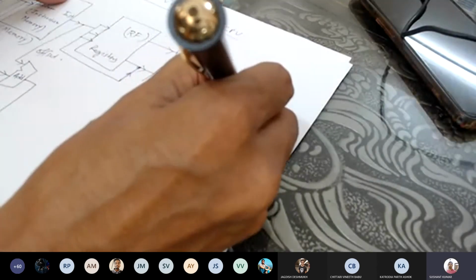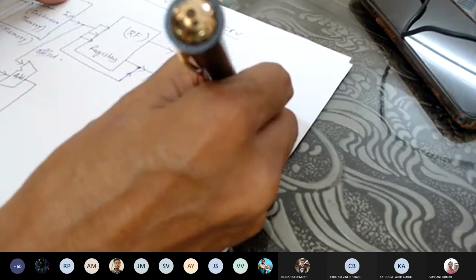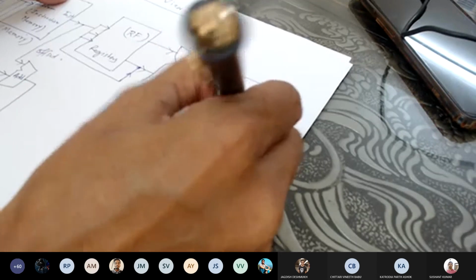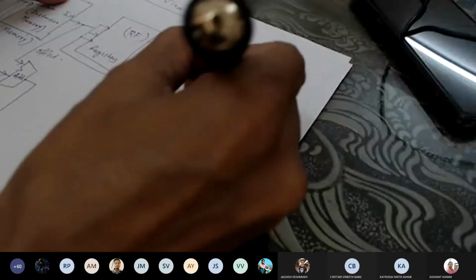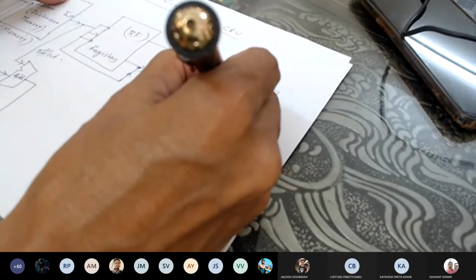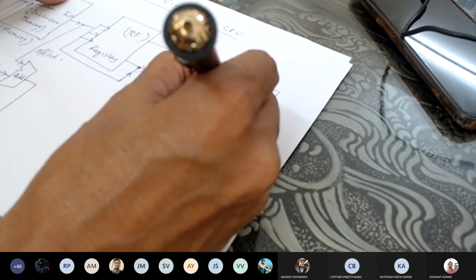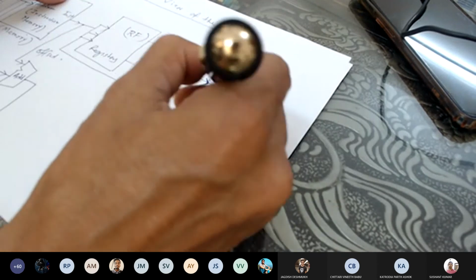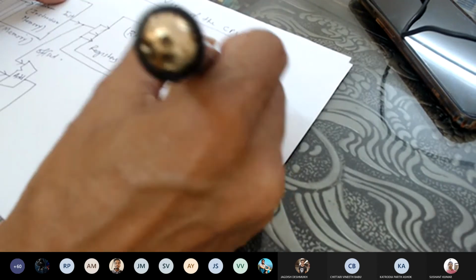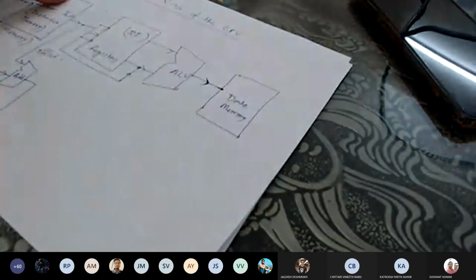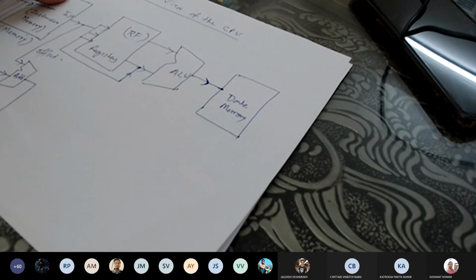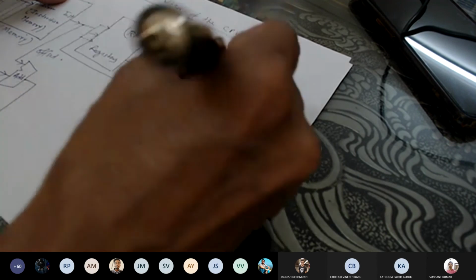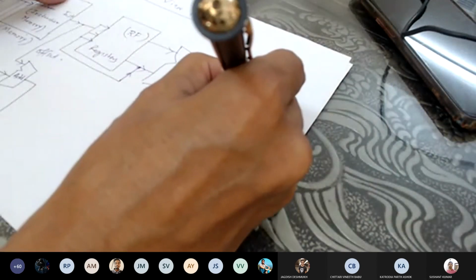It's not processor memory interface. This is data memory. And here what will you get? The value which goes after addition. After addition, what will this one be? This is actually the address.